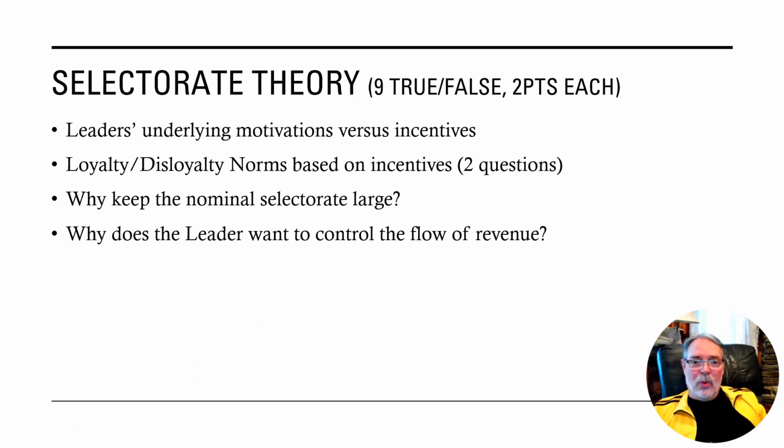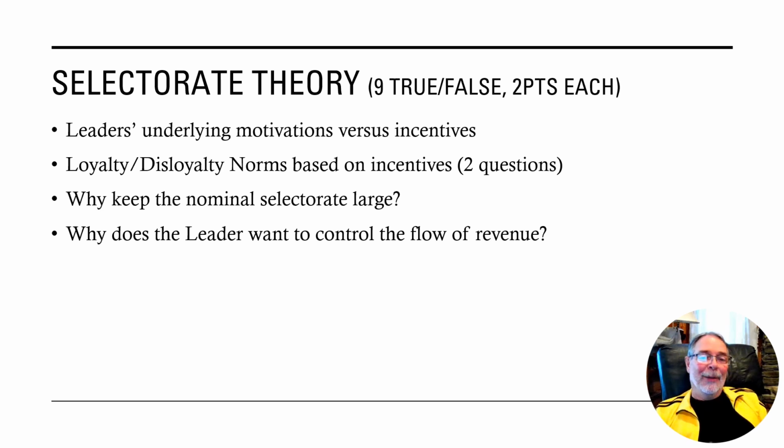Why does a leader want to control the flow of revenue? Now, all leaders want to do this. It's much more important for a leader in a small coalition regime to do it because that allows them to direct benefits to their supporters. Now, we always remember that misbehaving is often good in a large coalition regime too.